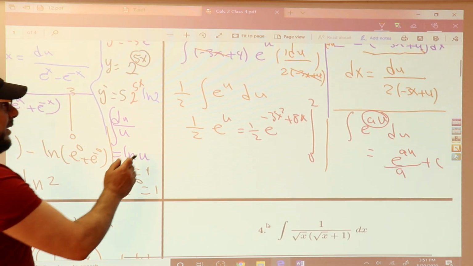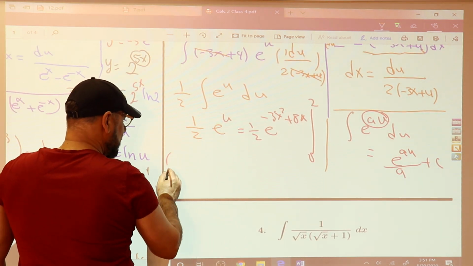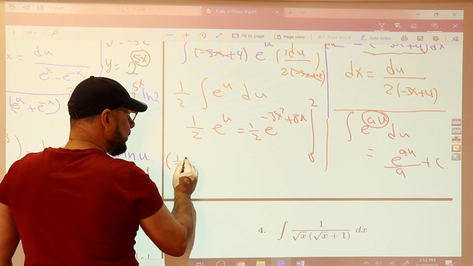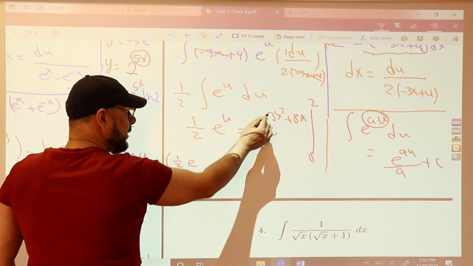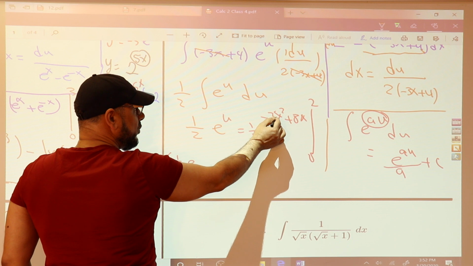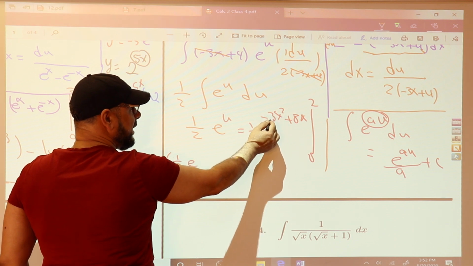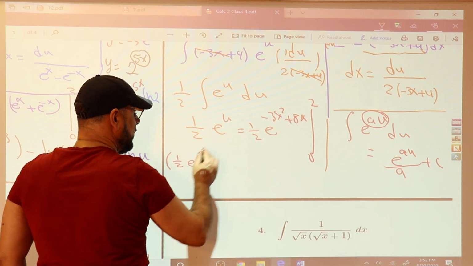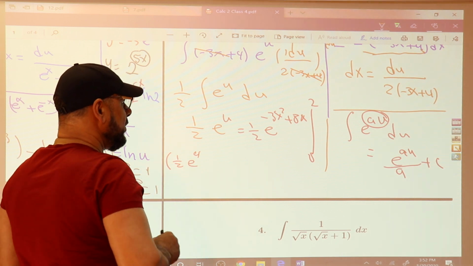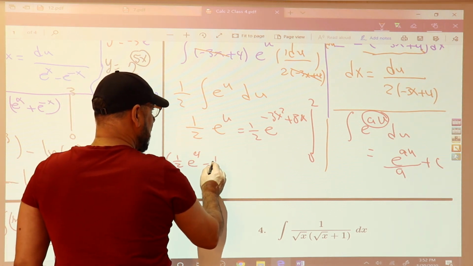The last step, after you bring your limit, is to plug in the limit. Start with the 2. Half e to the 4: 2 squared is 4, 4 times negative 3 is negative 12, plus 16 is 4. Minus half, right?